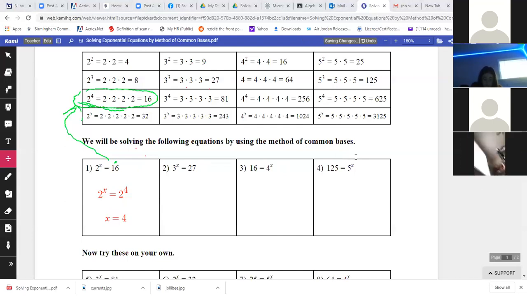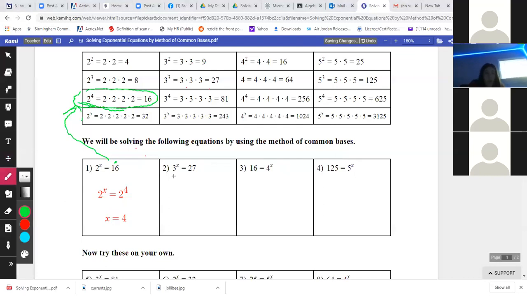Okay. So let's look at number 2. Right here, you see I have 3 to the x is equal to 27. So if you look up here, you know that 27 is 3 to the 3rd, right? So I am going to rewrite this equation so they both have the same base.